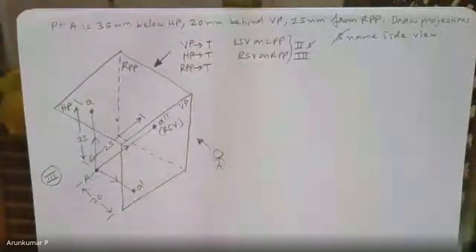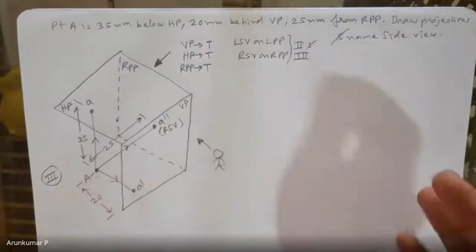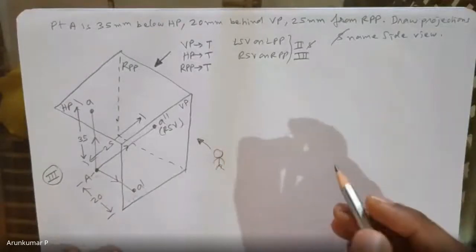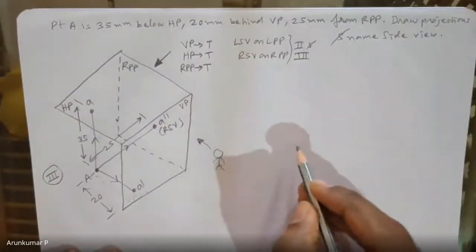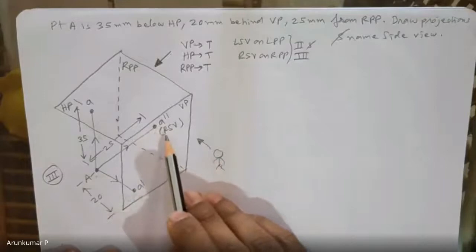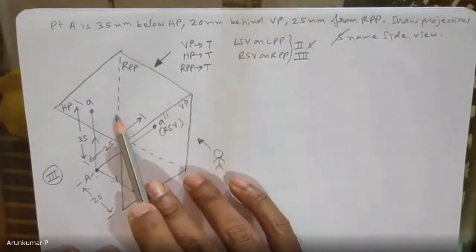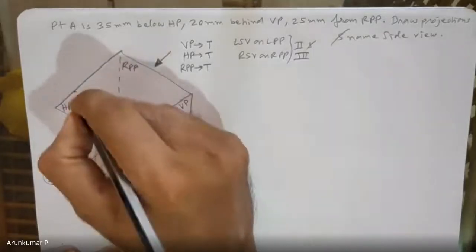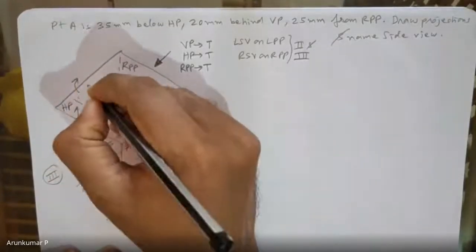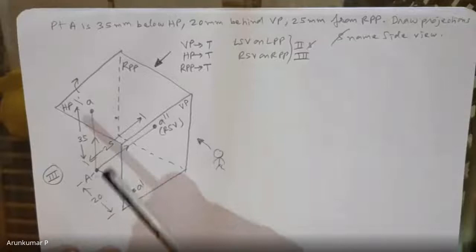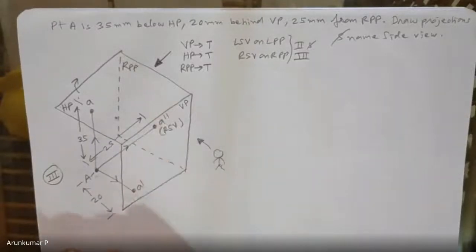So this is in 3D. We need to convert this to 2D. To do that, you need to keep VP fixed and rotate HP in the clockwise direction by 90 degrees. When you do that, HP is above, VP is below.